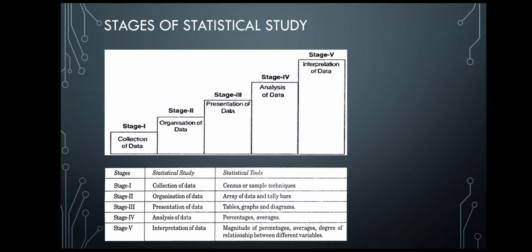In the fourth stage, for analysis of data, averages and percentages are calculated. And in the fifth stage, that is interpretation of data, magnitude of percentage, averages, degree of relationship between different variables are calculated. So we are going to study about all these stages in different chapters.